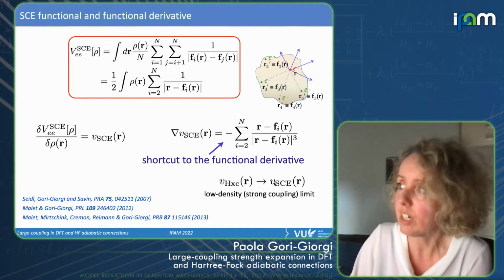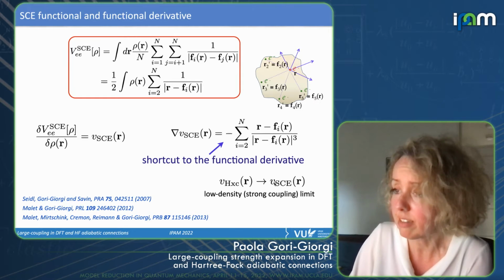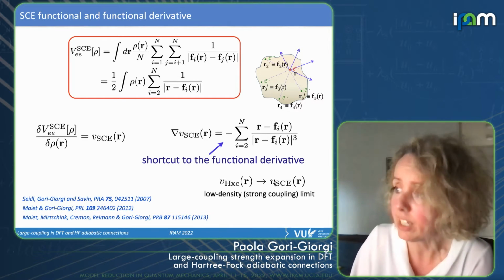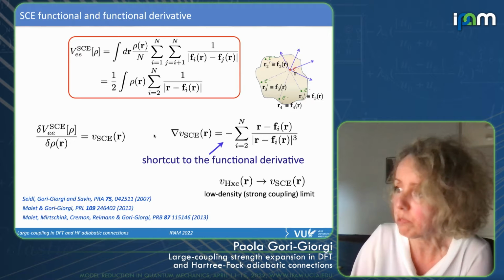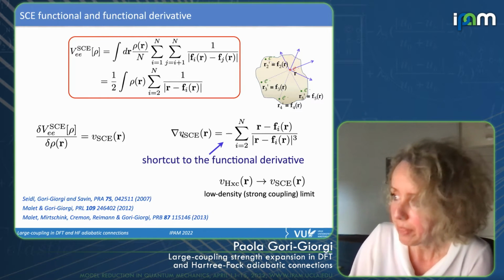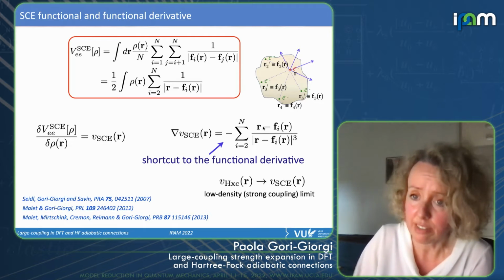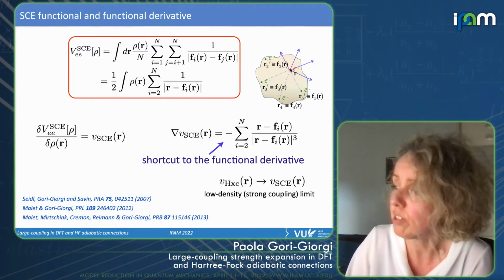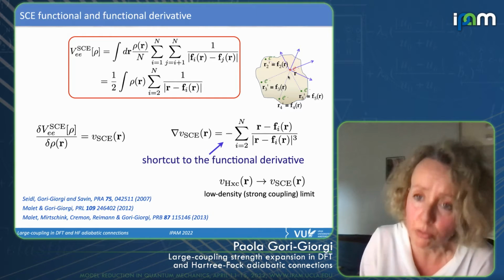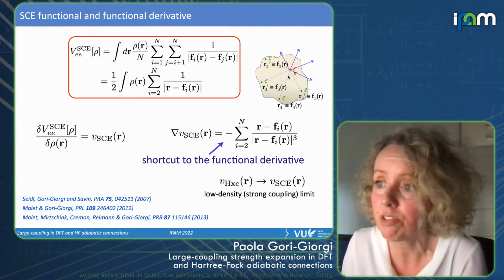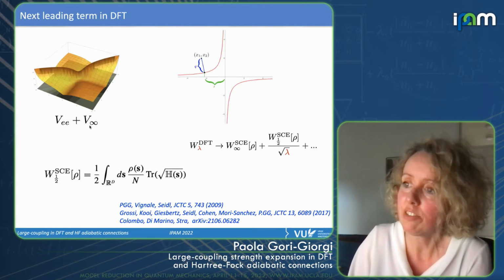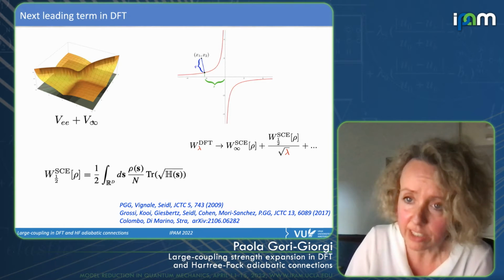And this also illustrates the next leading term in the large lambda limit, because, okay, if this potential exactly represents the net force that an electron feels at position r, if you reverse the sign, it compensates exactly the force. So here, this V infinity is the same potential with reversed sign.